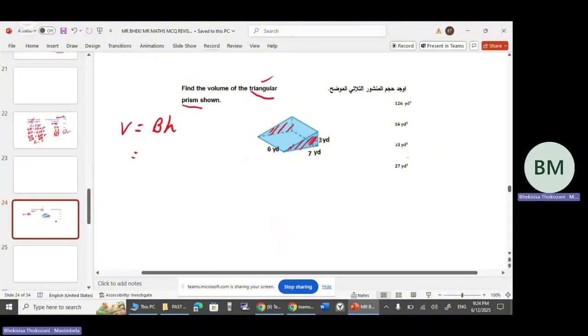So in other words, I'm looking for the area of a triangle, which is going to be half base times height. That is the first thing you need to remember. Multiply by the height, which is this height here. So I have half, and my base here is 7.